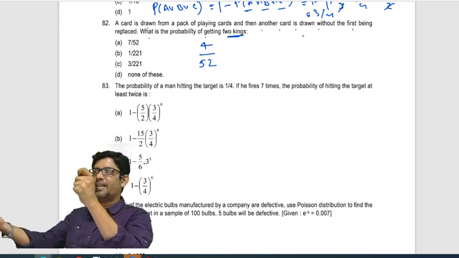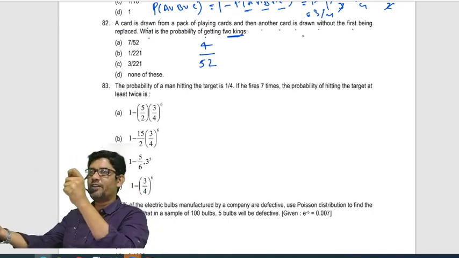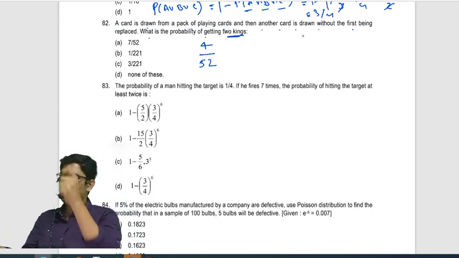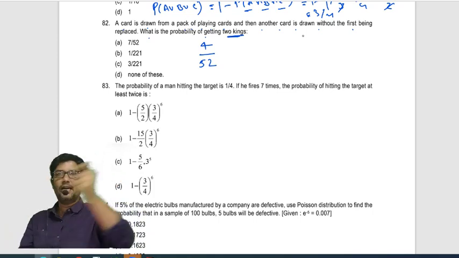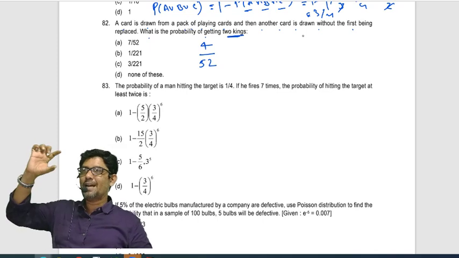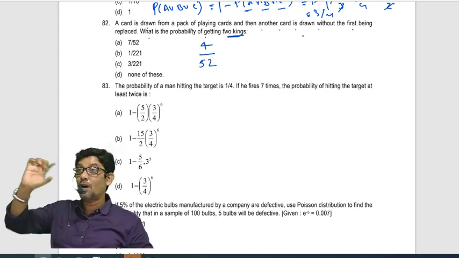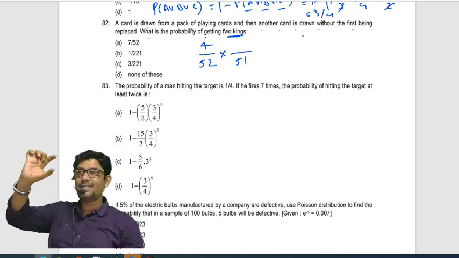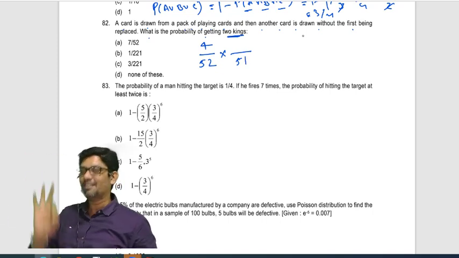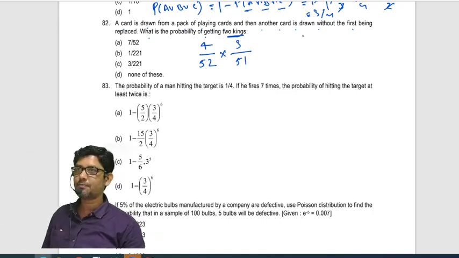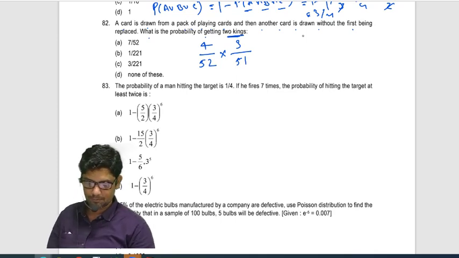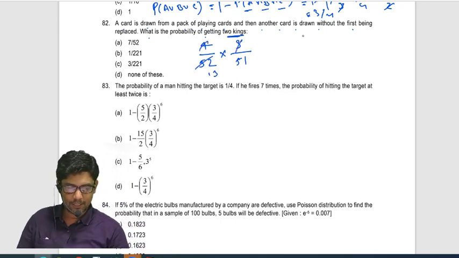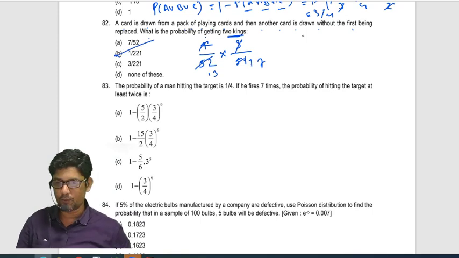What is the probability of getting king? 4/52, because 4 kings are there. Now kept it aside. Now in this pack, how many cards are there? 51. Now inside the pack, how many king cards are there? 3. So the answer is 1/13, 1/17, 1/21, 1/221.